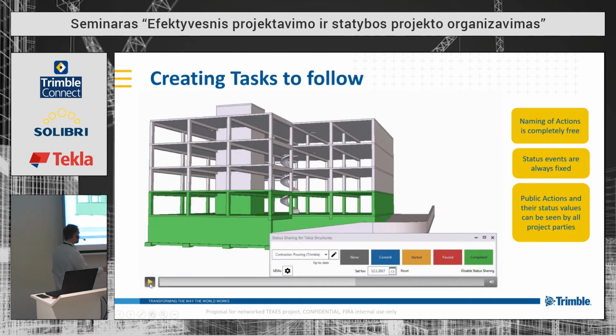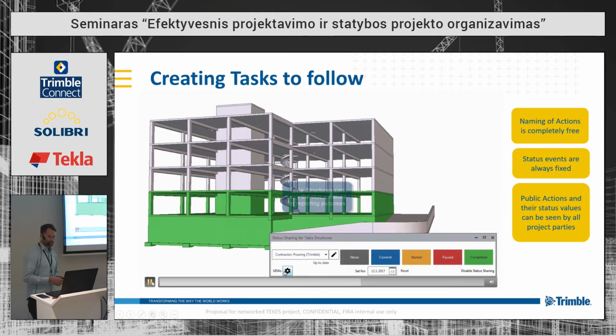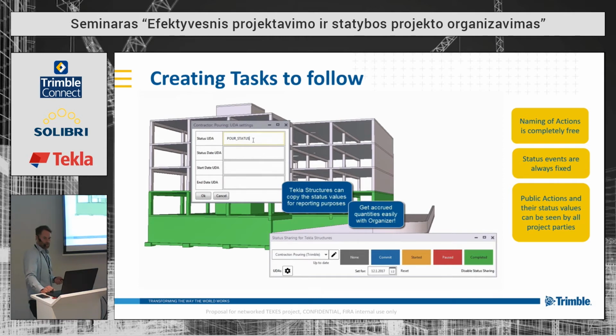As you can see, here are the colors of the different task statuses. For example, gray means there's no information for these objects or structures, and green means they are completed, so this is easy for everyone to understand. And then we just start clicking and adding that information.